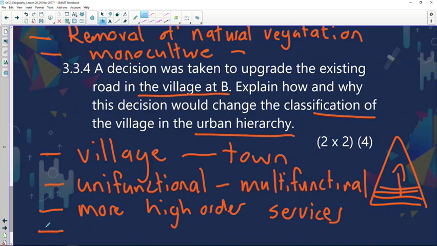And what can we name as well? We can also say that the sphere of influence will increase.